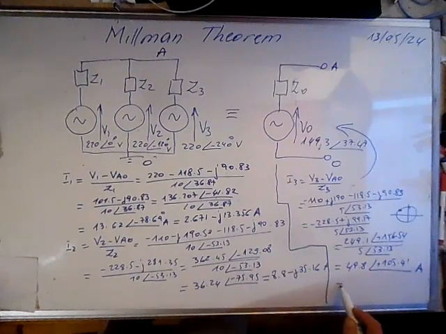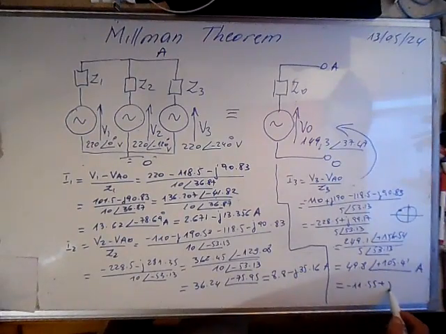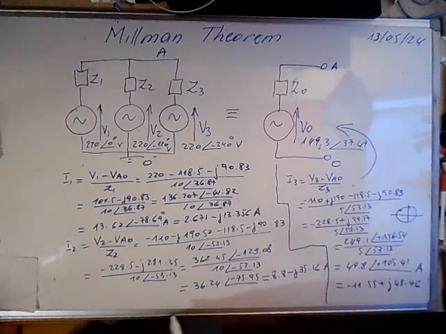In algebraic form, minus 11.55 plus j48.46.